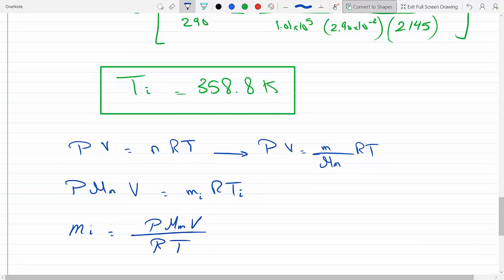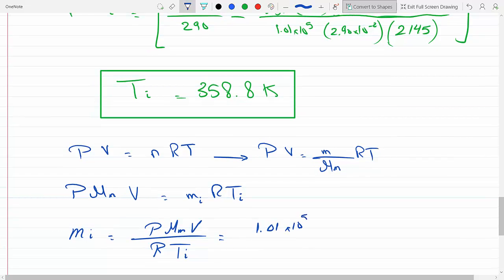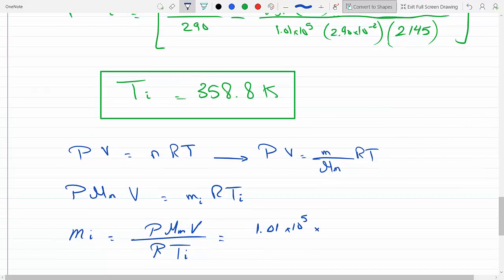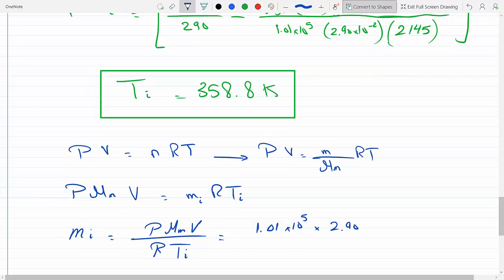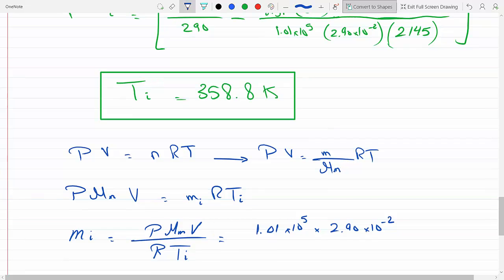mi to be P times molar mass times V over R Ti, and so that's 1.01 times 10 to the 5th. We said that this was 2.9 times 10 to the minus 2 molar mass of air.